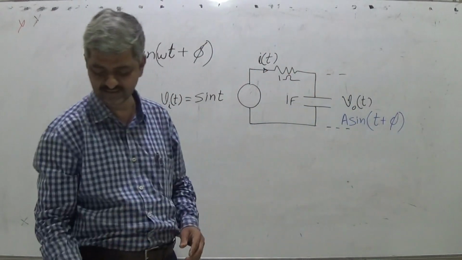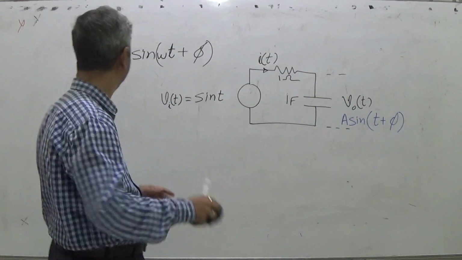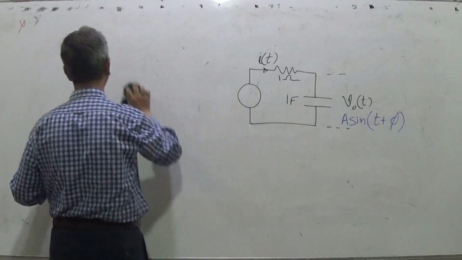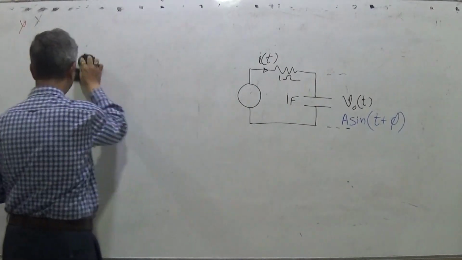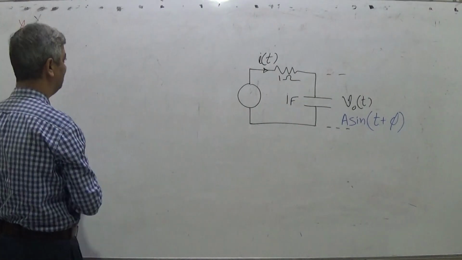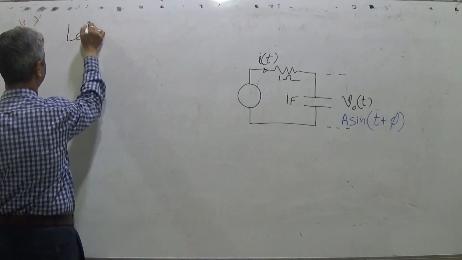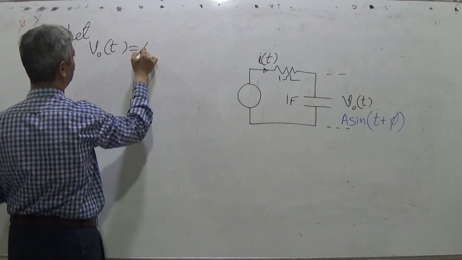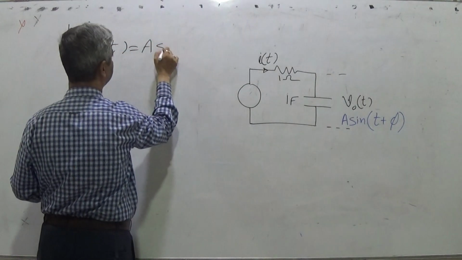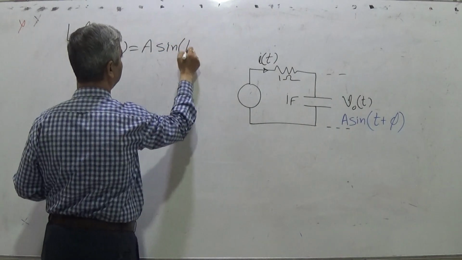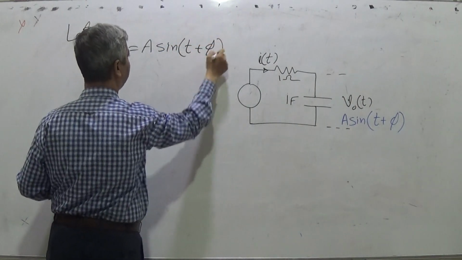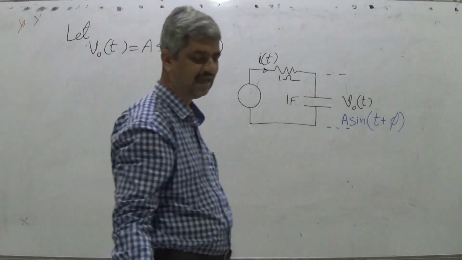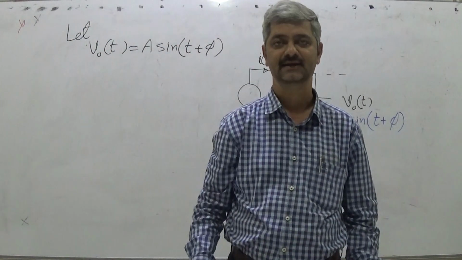So I start the derivation with a very simple presumption. Let Vo(t) be equal to A sin(ωt + φ).